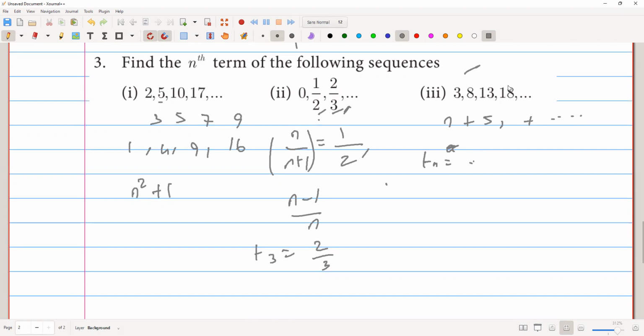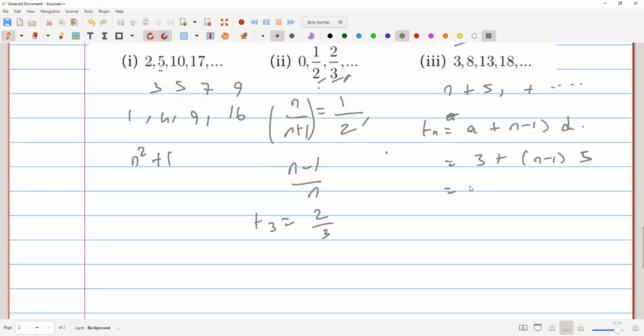If there is addition of the exact same number, 5, 5, 5, it is known as an AP. Tn equals A plus n minus 1 into D, where A is the first term, 3, plus n minus 1 into D, which is second term minus first term, 5. So 3 plus 5n minus 5, so 5n, and 3 minus 5 is minus 2.